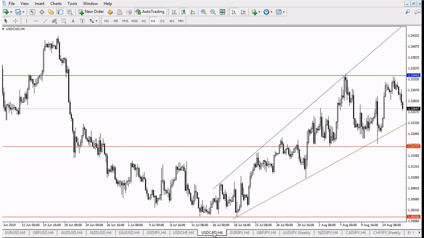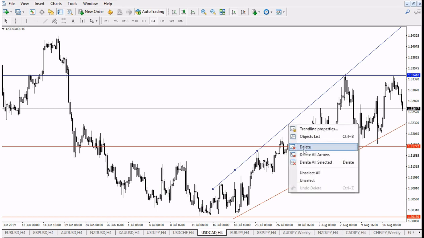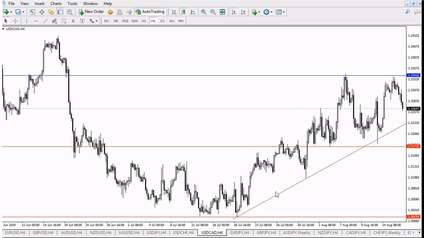Another reanalysis on the USD-CAD. I'm going to take off this resistance and I'll be working with this simple trend line for the coming week. We have a market which is in an uptrend.